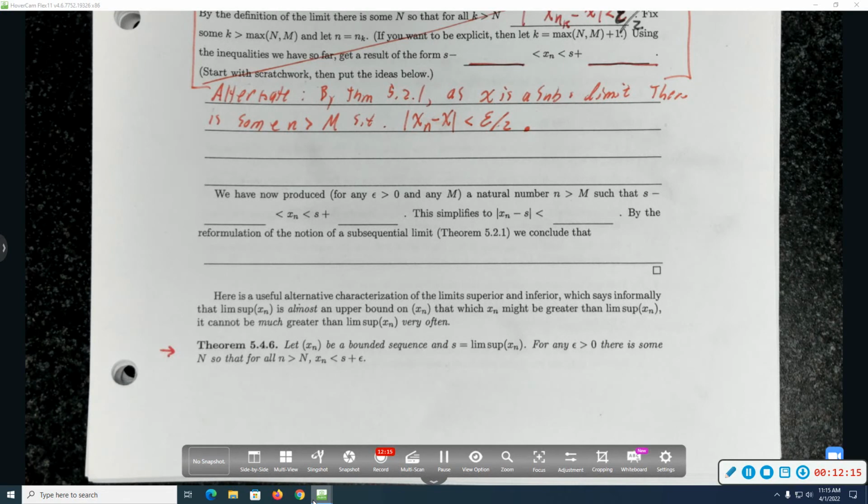What does this become if we get rid of the absolute values? X sub n minus s is between negative epsilon and epsilon. All right. So I have to go from here, and we haven't used 1 yet, and that's our goal.